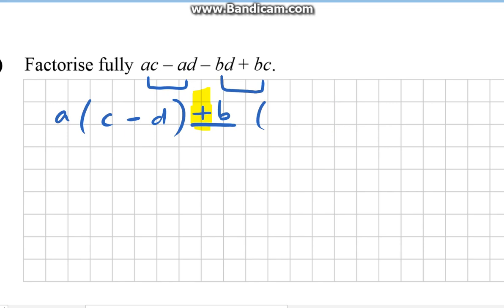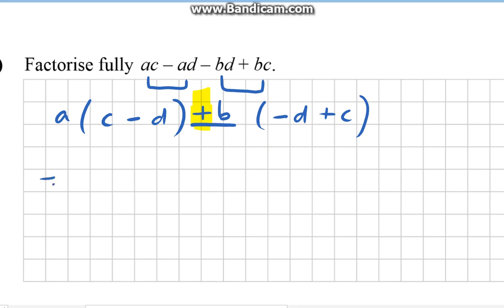So plus B into this will go minus D times plus C. And that works perfectly because we can see that our brackets are the exact same, even though they're in a different order. You can just see that it's minus D plus C. So that actually works perfectly. Just be really careful because sometimes you'd have to take out a minus B there and it'd affect your signs. But in this case it's perfect.